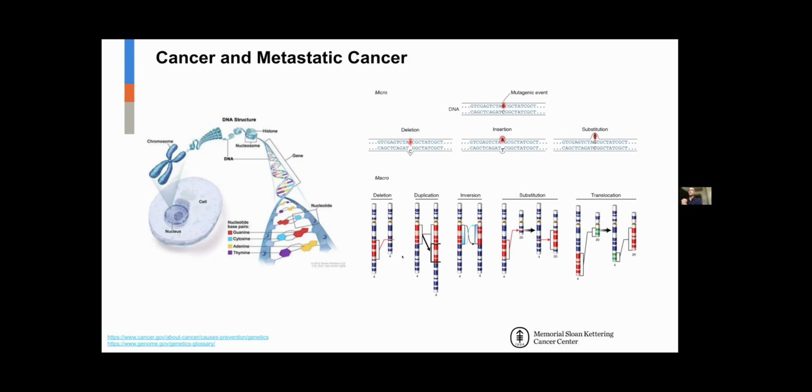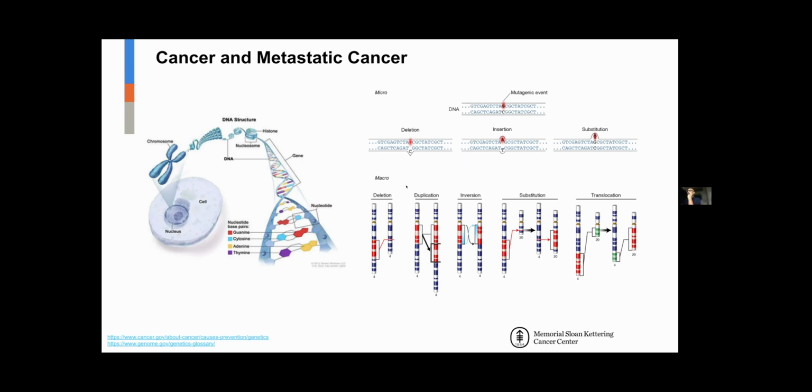Cancer is a genetic disease, and the genomic breakup can be thought of as not just mutations, but all types of different alterations that occur in genomics. At the micro level, you can have a deletion or an insertion or a substitution that could be a mutation.